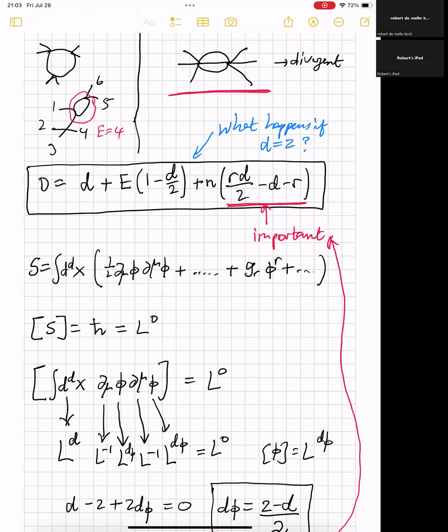This is like the quantum field theory that is defined on the world sheet of a string. So in string theory, you'll study two-dimensional quantum field theory because you're always studying quantum field theory on the world sheet of the string. And we think that there should be something special about that quantum field theory. But what happens if D is equal to 2? What happens to your superficial degree of divergence? So I'll leave that as something for you to puzzle over and think about. Good.